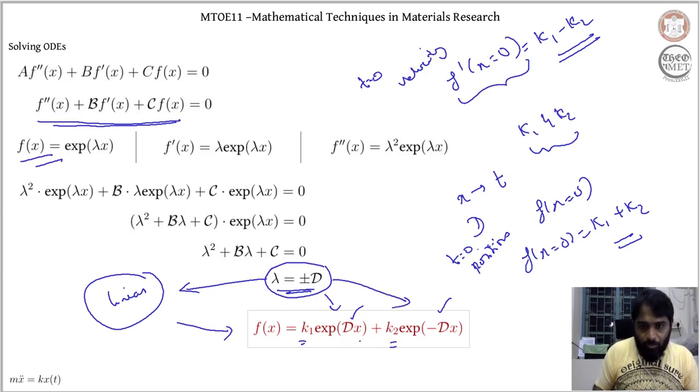We don't know what k1 and k2 are, so in order to find them, we consider the initial velocity, my velocity when my time is 0. So f dash of x when my time is 0 is my initial velocity, and we also consider our initial position. When I consider my initial velocity and initial position, I will have two different equations involving k1 and k2.